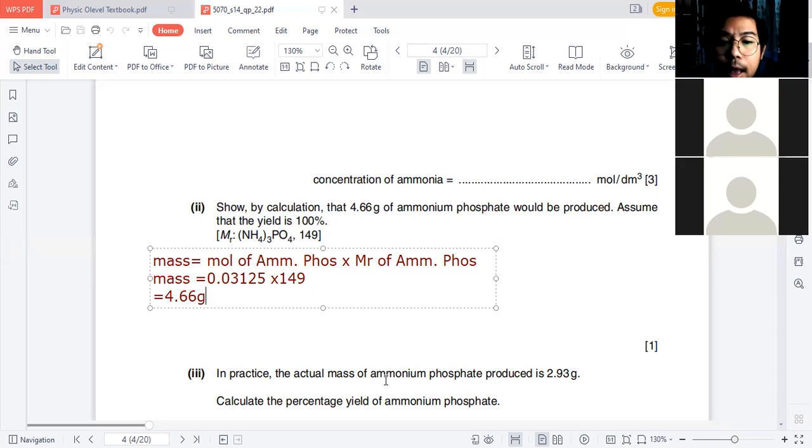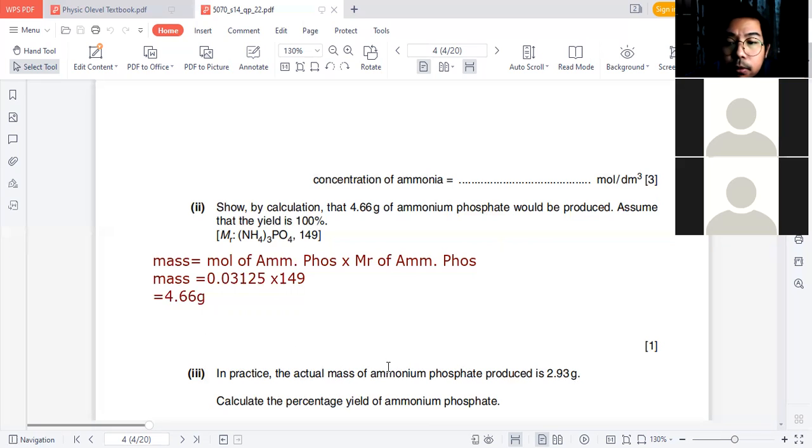Okay, that's good. Now, in practice, the actual mass of ammonium phosphate produced is 2.93 gram. Calculate the percentage yield of ammonium phosphate. So this is what they got, 2.93. Percentage yield is the amount that you got over the theoretical mass, the one that you calculated, times by 100. So that is the formula for percentage yield.